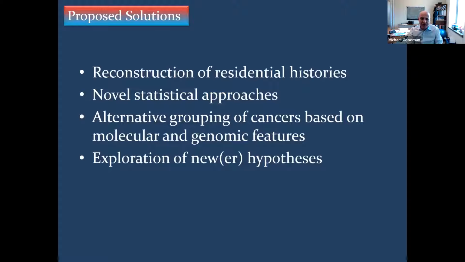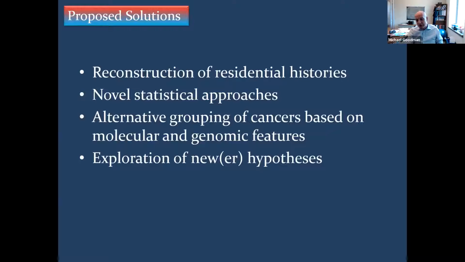Alternative grouping of cancers, I think, is a very interesting possibility here. So in other words, instead of trying to group cancers based on where they originate from, which organ, or even based on histology, there may be an opportunity to examine molecular or genomic features of cancers. And if so, the groupings that we are used to employ may not necessarily work well if we're trying to understand clustering of, so to speak, causes as opposed to clustering of events.